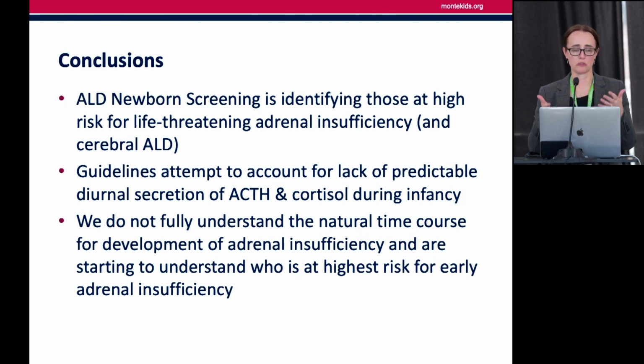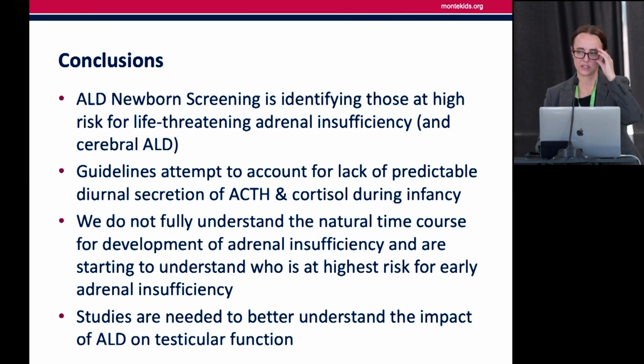And we really don't understand the natural time course still for the development, although I think we're starting to understand maybe who's at higher risk in those first couple of years. But again, I do not want to recommend anyone changes screening or not screen based on how high those levels are. I think at this time we really need to screen.